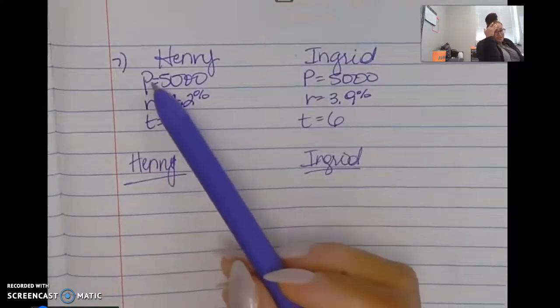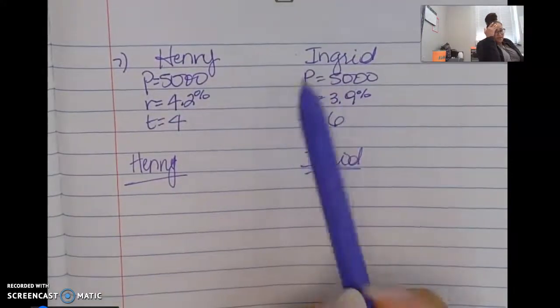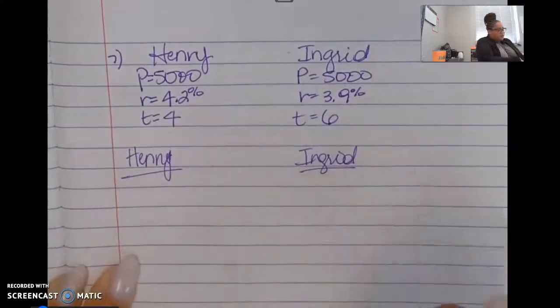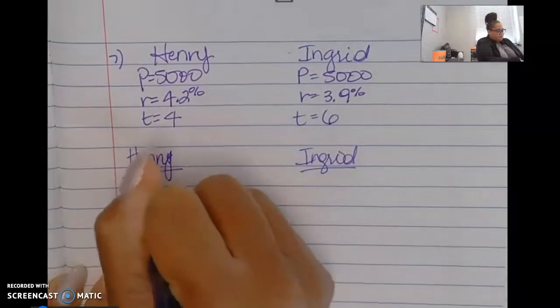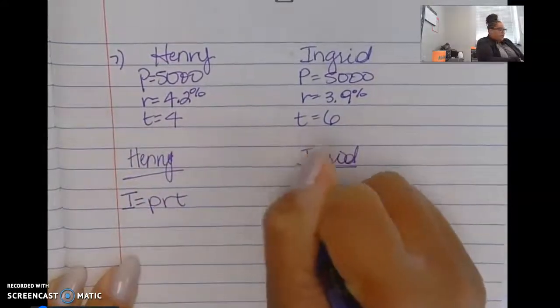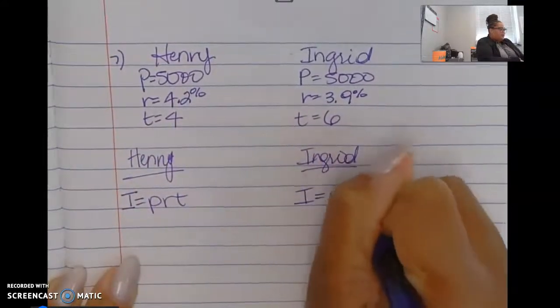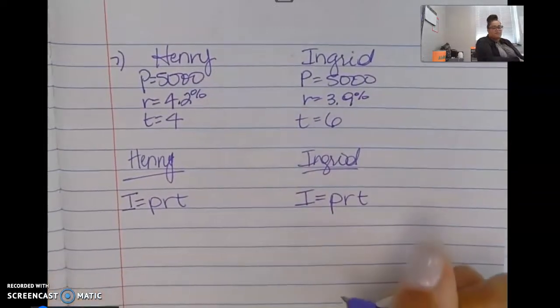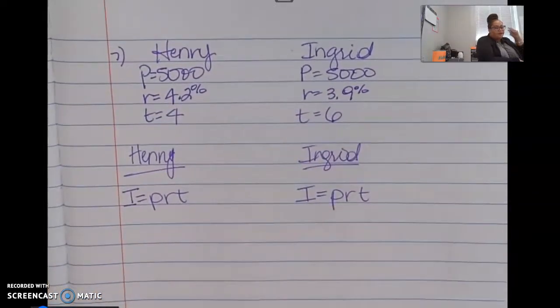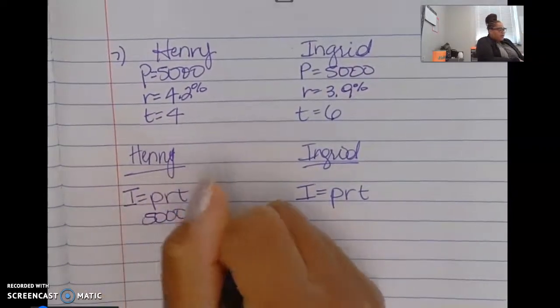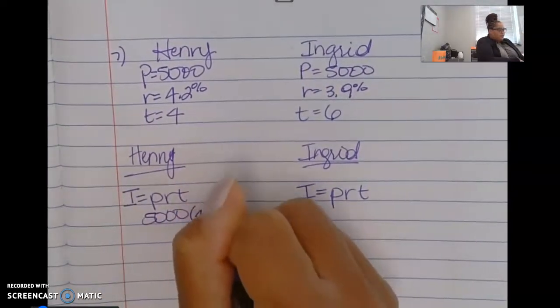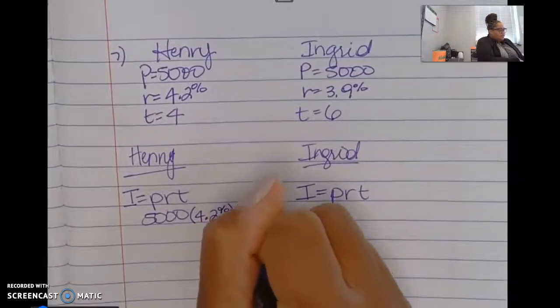All right, this is what we should have written down for Henry and Ingrid respectively. The simple interest formula is I equals principal times rate times time, or PRT. So Henry's is 5,000 times 4.2% times 4.